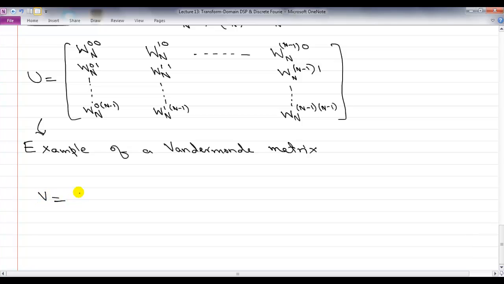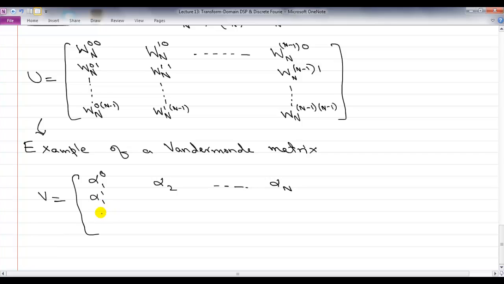A Vandermonde matrix in general is given by, you are given n numbers, alpha 1 up to alpha n, and every column is defined by powers of those numbers.